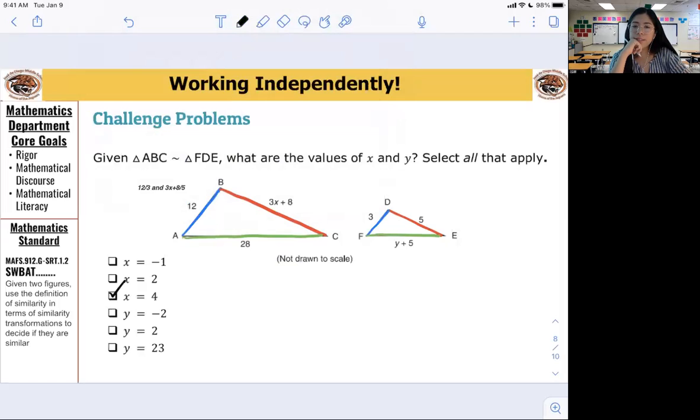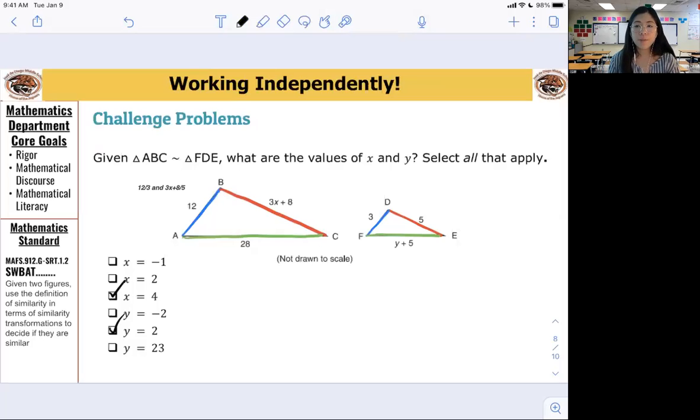Then you have to divide it by 4. Wait a second. Y is 2. Yeah, y is 2. Because you have to divide 28 by 4, which is 7, then you subtract. Yep. And then 2 plus 5 is 7. Yeah. That was your mistake.